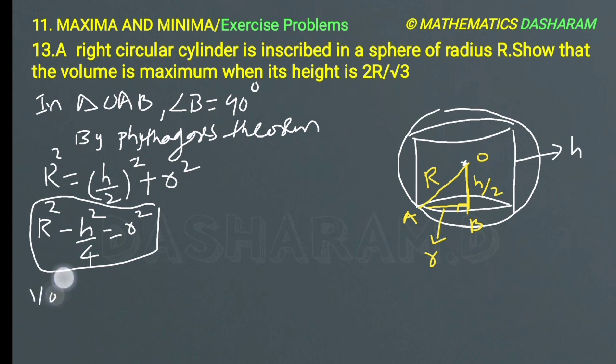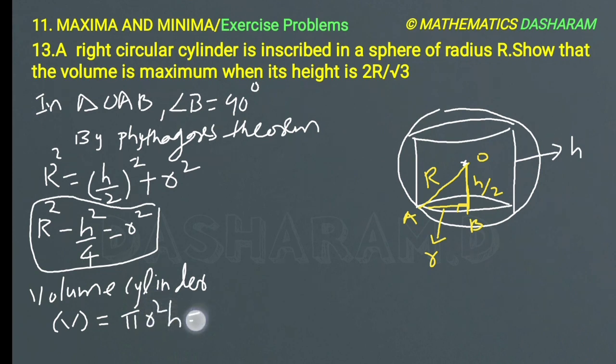Now the volume of a cylinder, here I am denoting with capital V, equals pi r square h. So pi into r square, which we already have as capital R square minus h square by 4, into the height of the cylinder h.